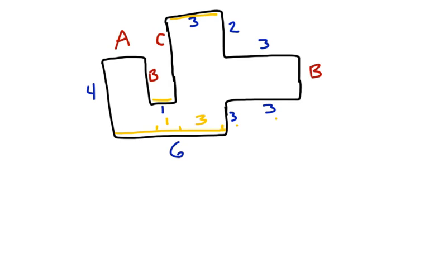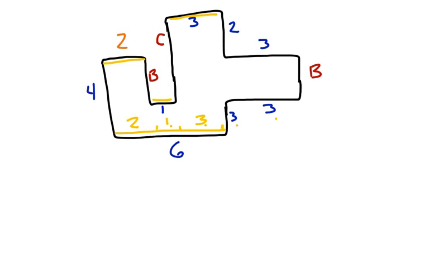Well, if all together that makes 6, and this little stretch right here is my A, and I've got 3 plus 1 makes 4, that means that this piece must be 2. So that piece right there that I wasn't sure about, now I can be sure that it's 2.